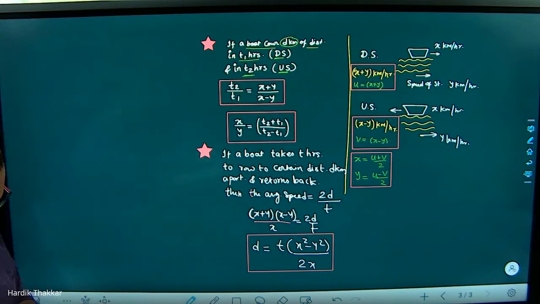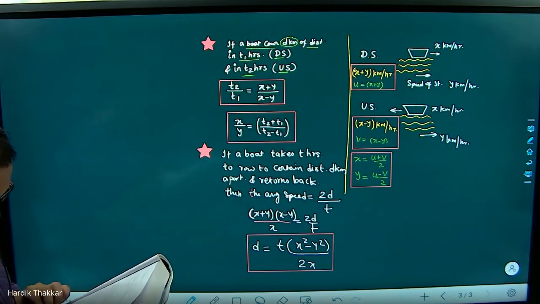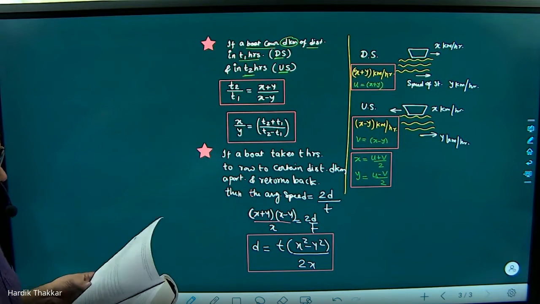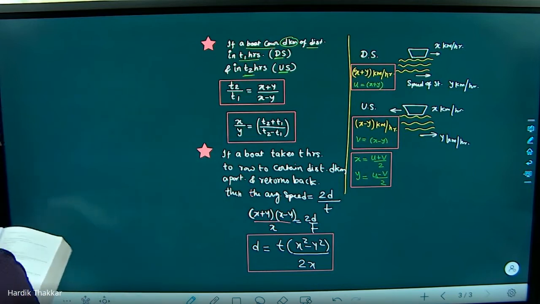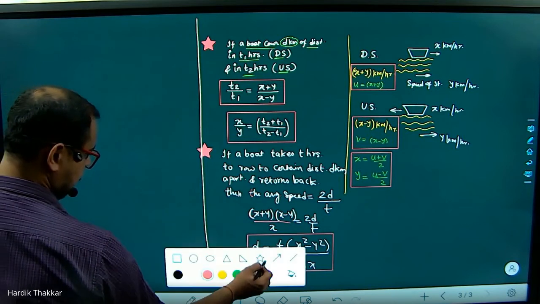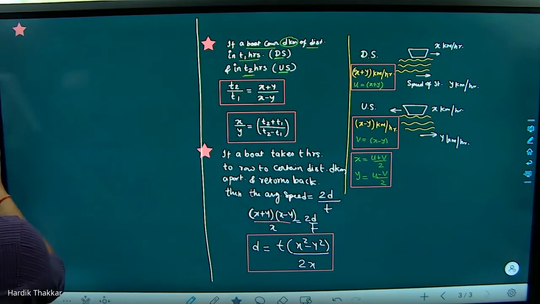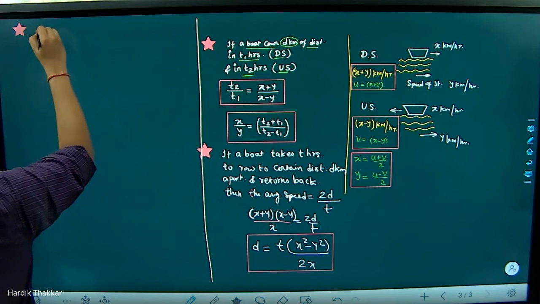Next, actually some more formulas are there, but one more formula is there, that is in the sixth point.